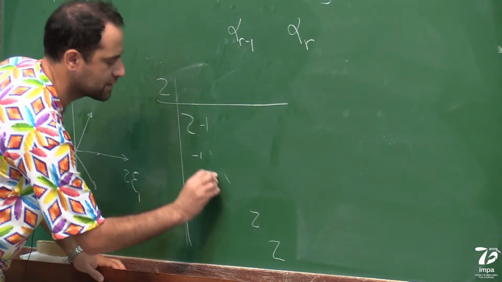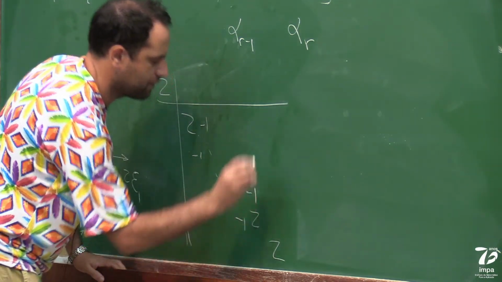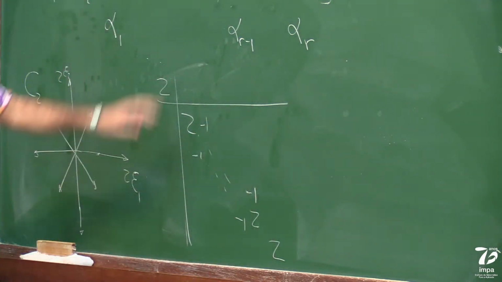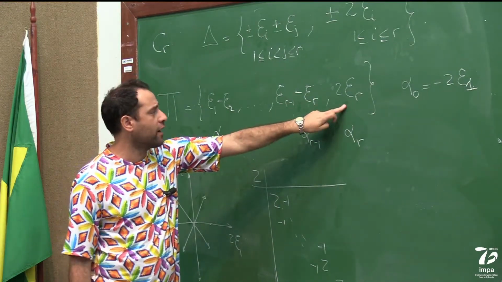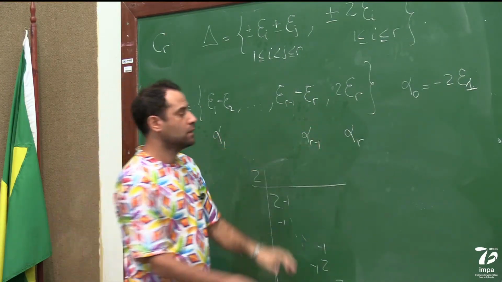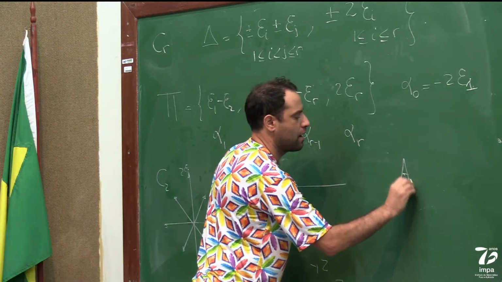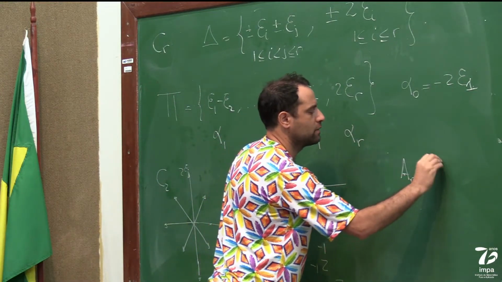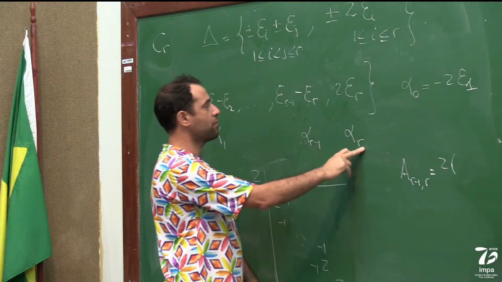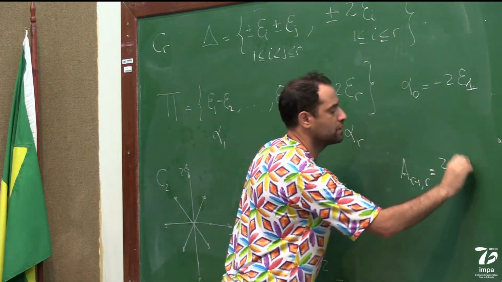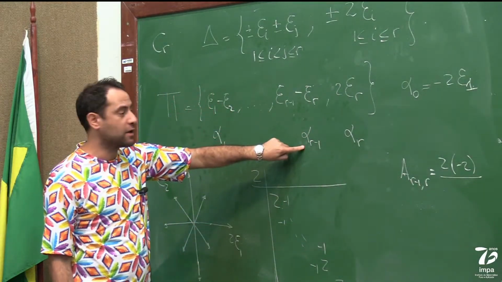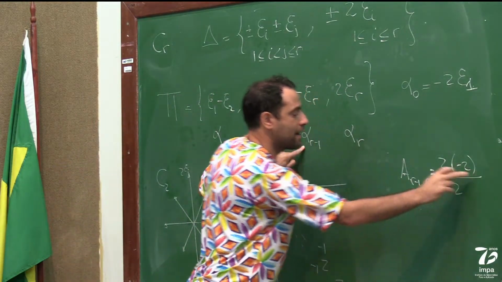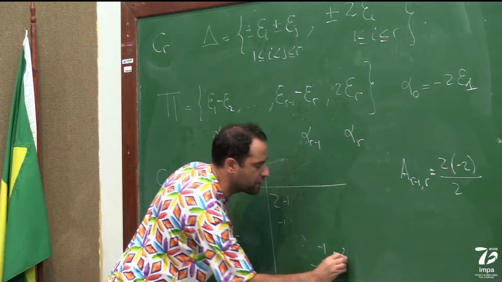We have minus 1s like this. But now the inner product of alpha r minus 1 with alpha r is minus 2. So A r minus 1, r is equal to 2 times the inner product between these two guys, which is minus 2 instead of minus 1, and then I need to divide by the square length of alpha r minus 1, which is 2. So I get a minus 2 now here instead of a minus 1.